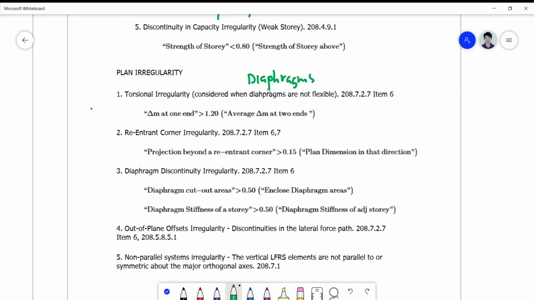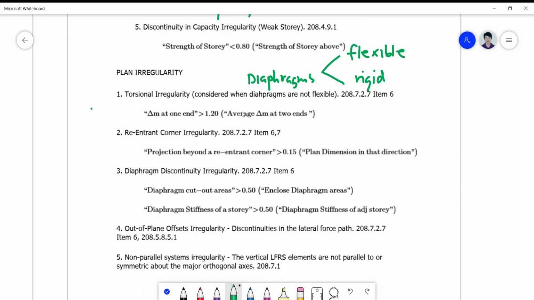So I forgot to tell you a while ago that aside from having a slab system, we have to take note that diaphragms here may be flexible or rigid. Okay. So how do you say that your diaphragm is flexible or rigid?